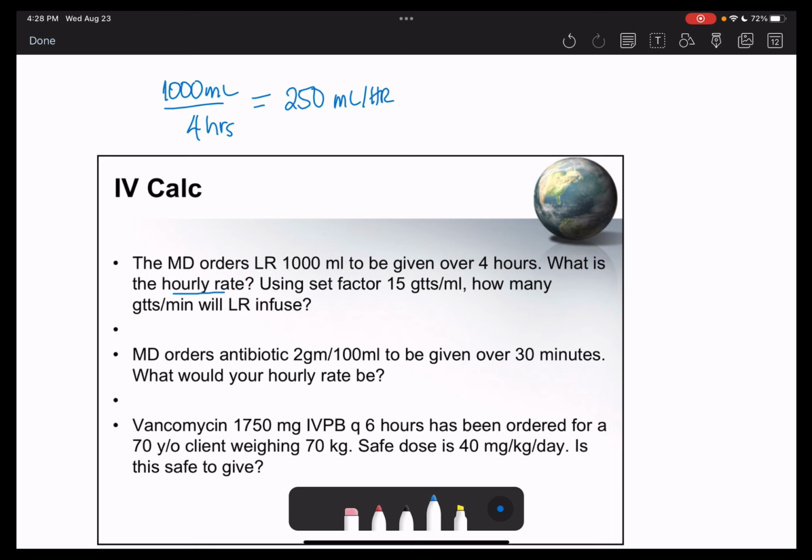Let's start all over again. 1,000 ml over 4 hours times per each ml, there's 15 drops.